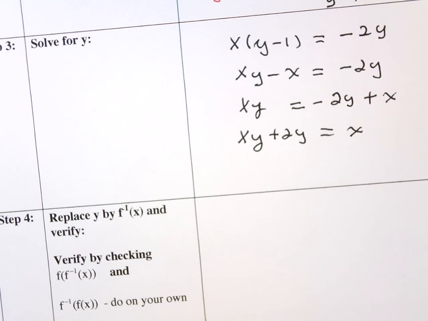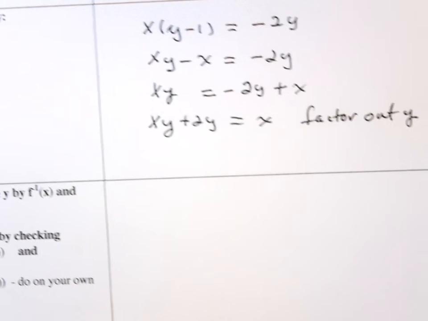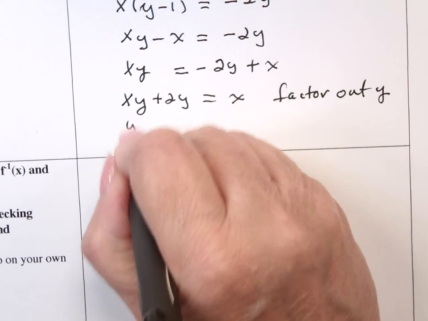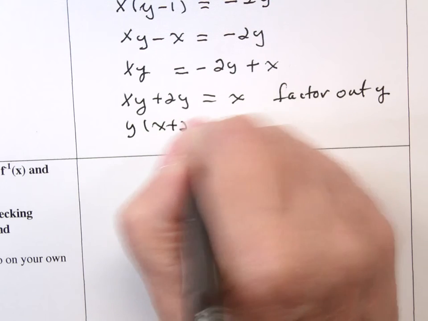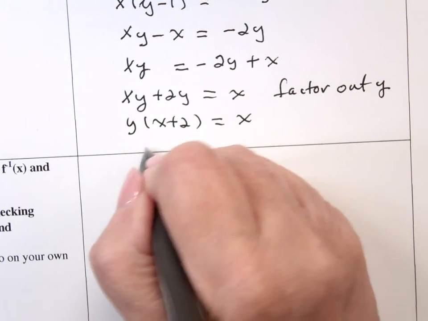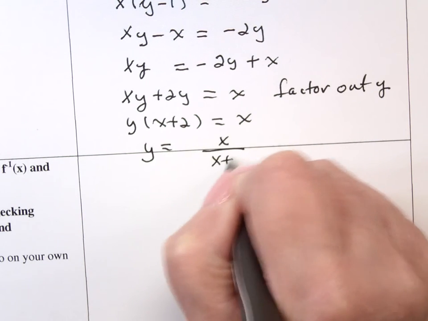What's the trick? Factor out the y. So that y equals x divided by x plus 2.